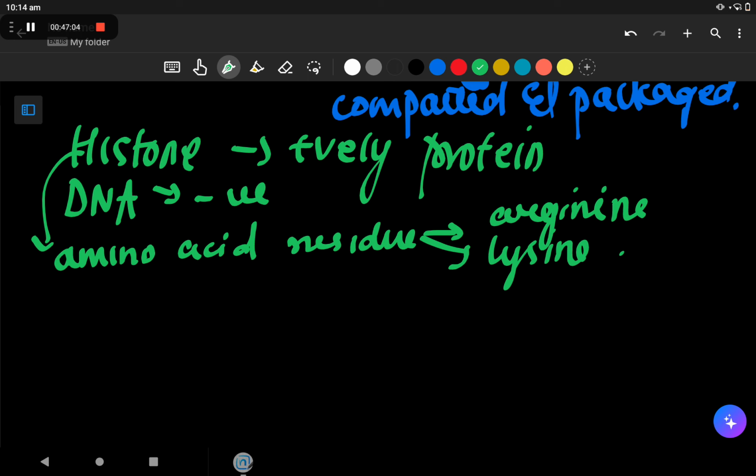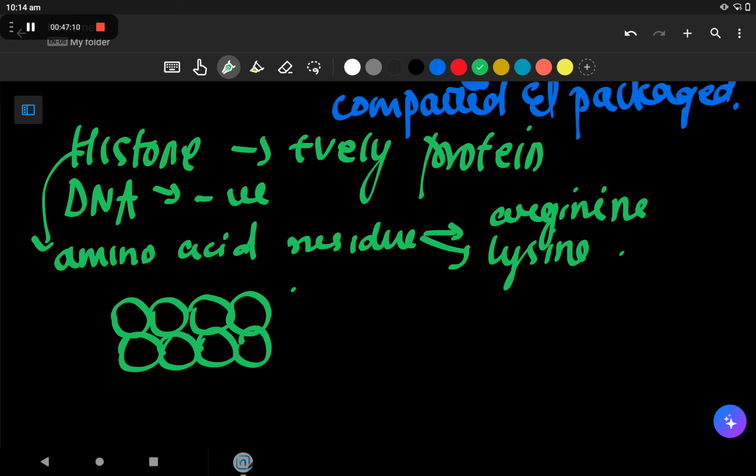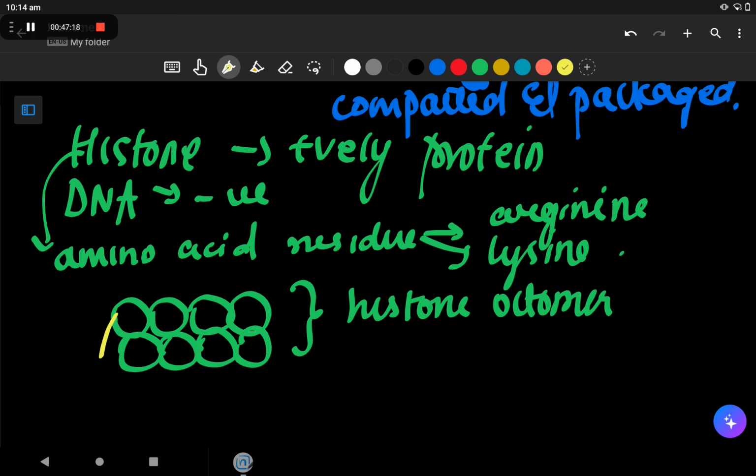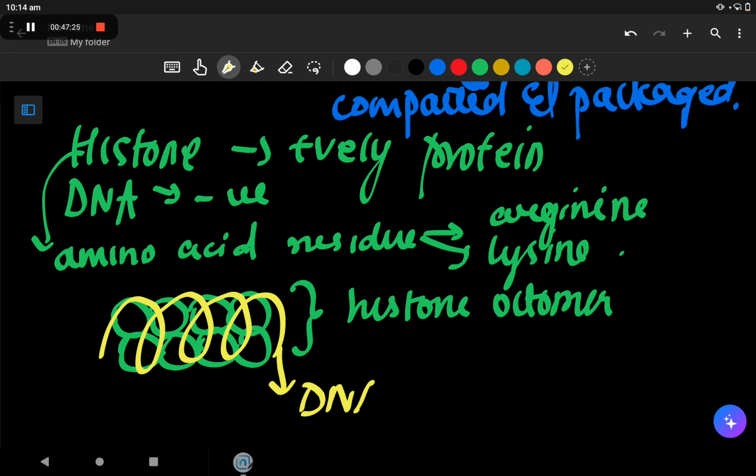So 8 histone molecules come together to form the histone octamer, and then they are wound over by negatively charged DNA. This whole structure is called a nucleosome.